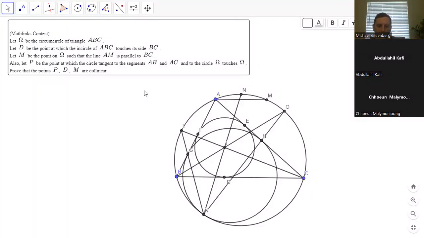this. Okay, so we're saying there's a spiral similarity. So it's equivalent to saying KDB is similar to KCA. We're saying there's a spiral similarity. Plus this angle.